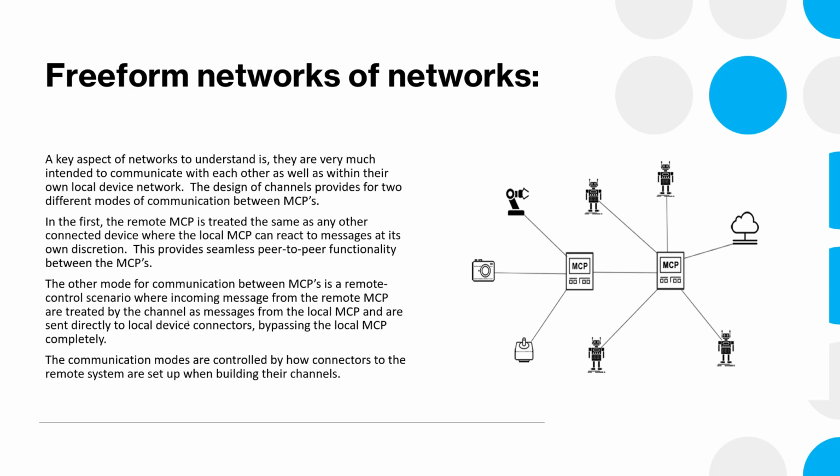So if I've got a TCP/IP connector out there set up as a device connector, and that's connected to another PC that's running on another robot, that's just fine. And what we've really done in that case is we've created a seamless peer-to-peer connection with that other PC. There's actually two types of these connections you can make to remote MCPs.